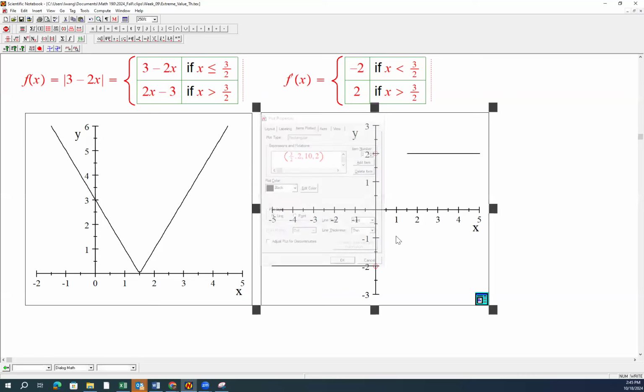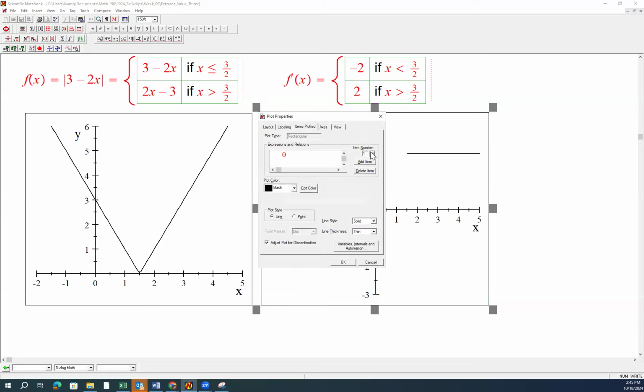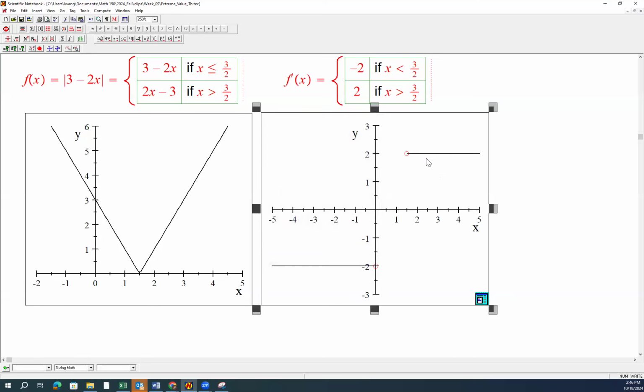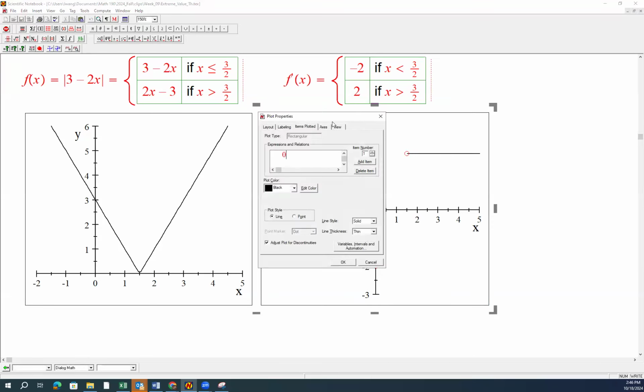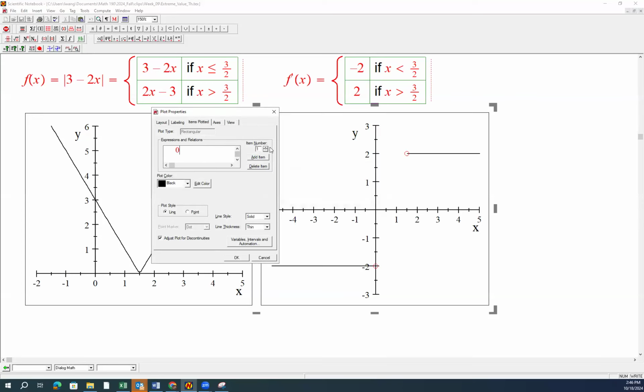So that circle needs to be moved to 3/2. And this one I need to move. Wait, there we go.